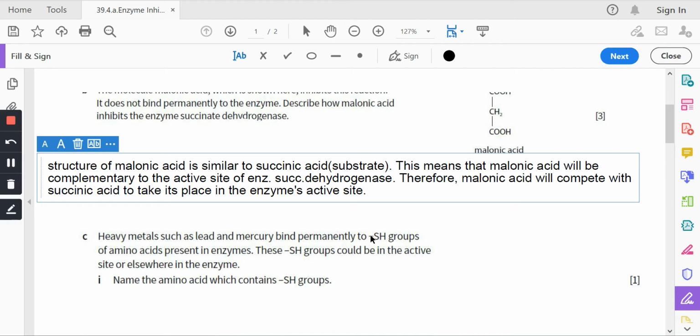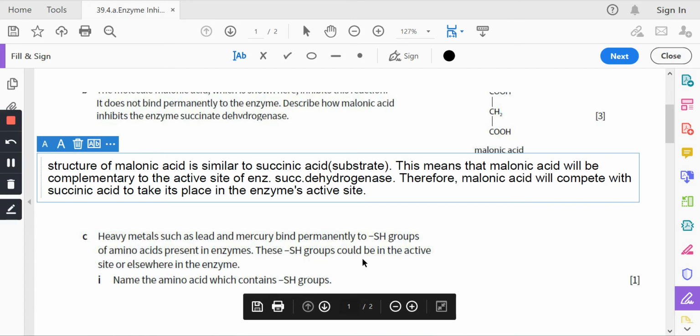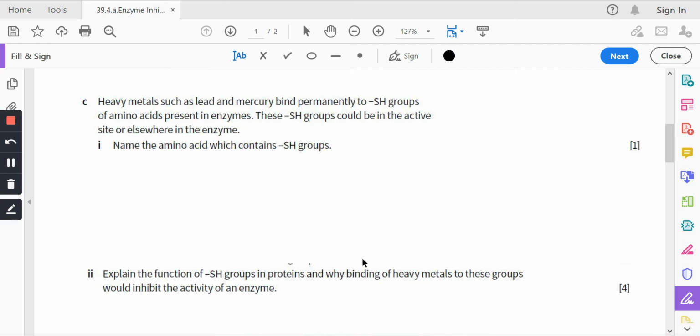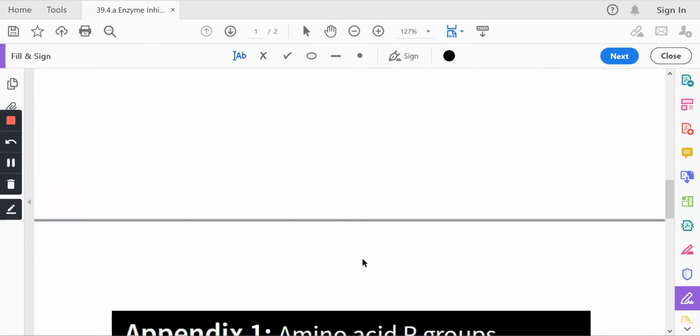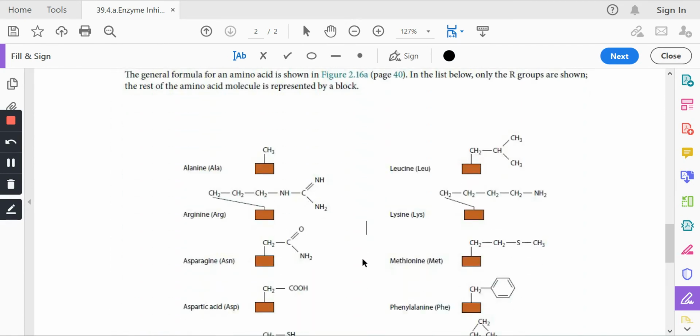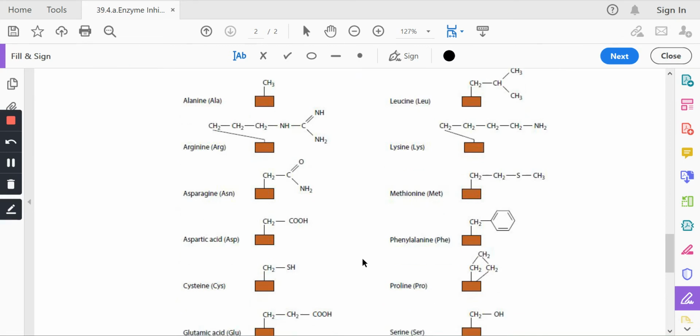Let's see what the question is saying. Name the amino acids which contain SH groups. To be able to answer this question, in your Mary Jones ebook there is an appendix which gives you a list of amino acid structures. I have attached that to my PDF over here, which I am showing you. So these are the 20 or 22 essential amino acids found in your cells. You have to find out which of these contain an SH group.